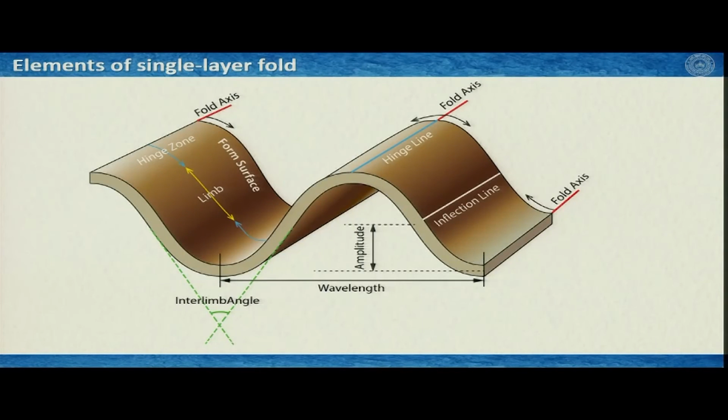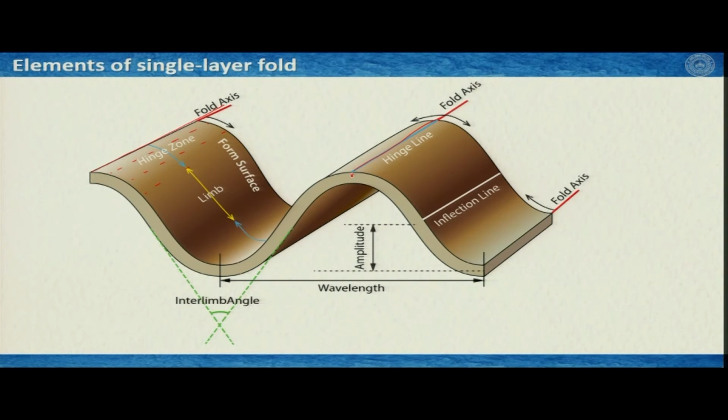Now, we will see this fold in 3 dimensions when we have defined the fold axis properly. So, what do we see here? We see the fold axis that should go like this, and interestingly in this case the fold axis is also parallel to the hinge line. Something to note here, hinge line is a material line, and what is hinge line?